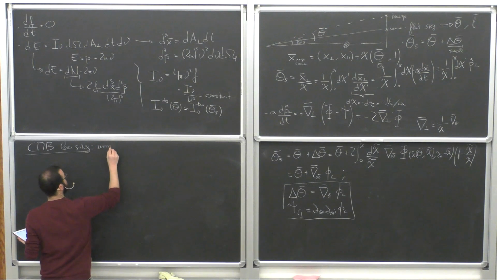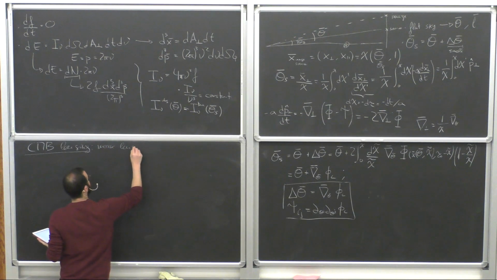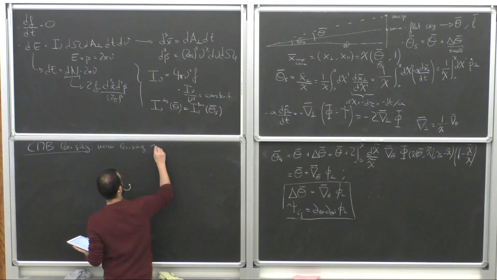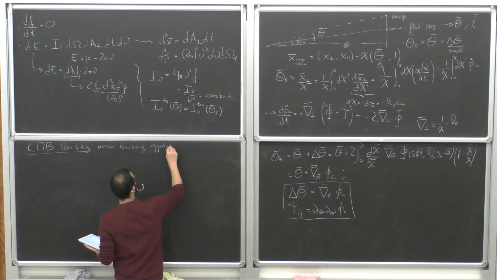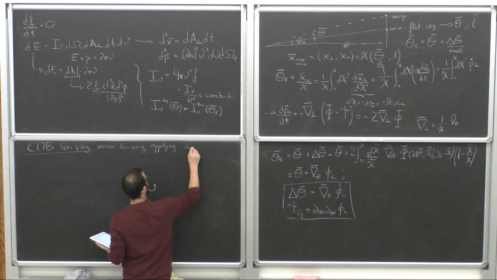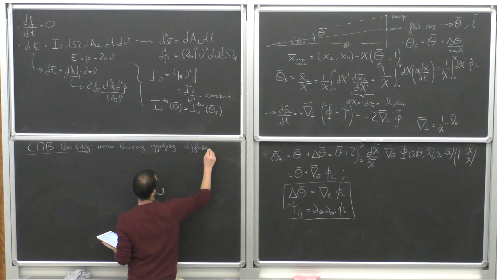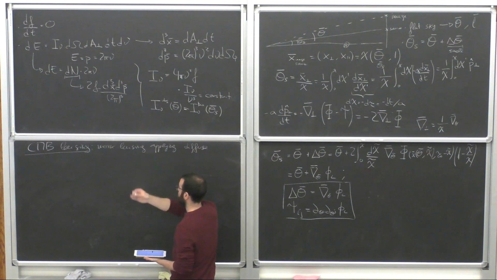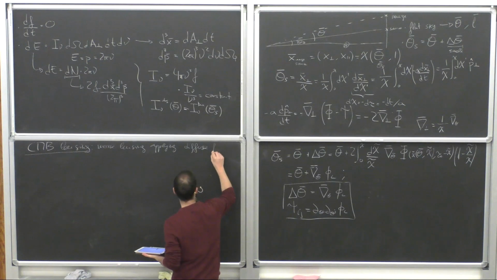Weak lensing applying to any diffuse field in which we don't have a specific detection, we just have a map of intensities.